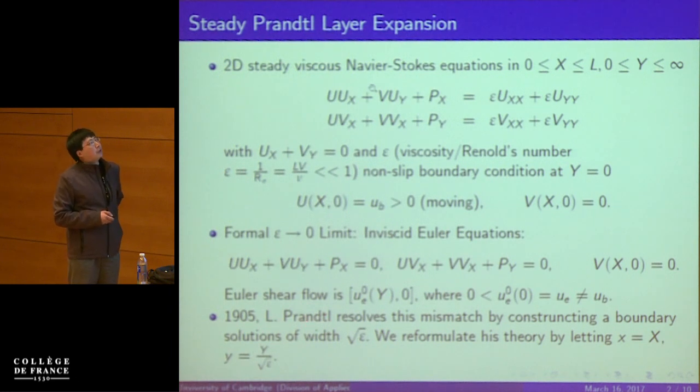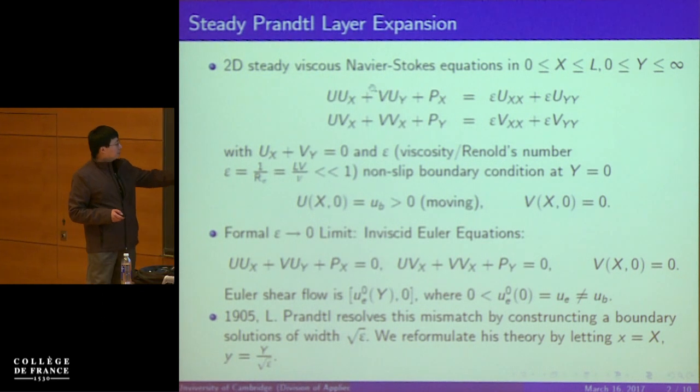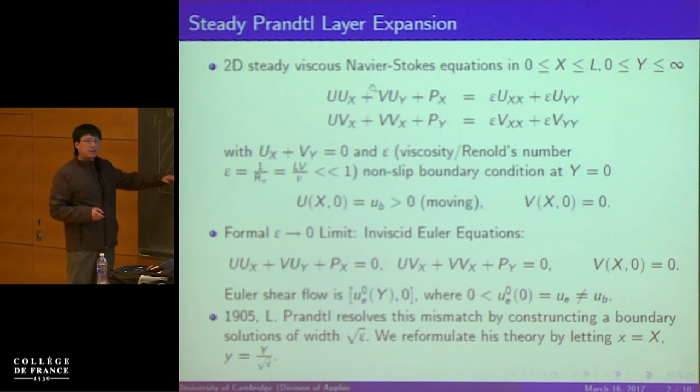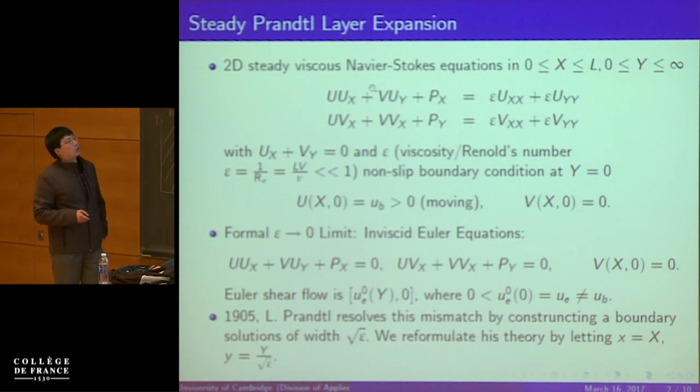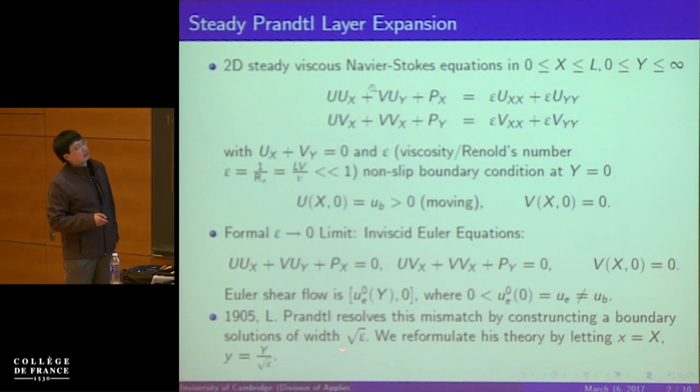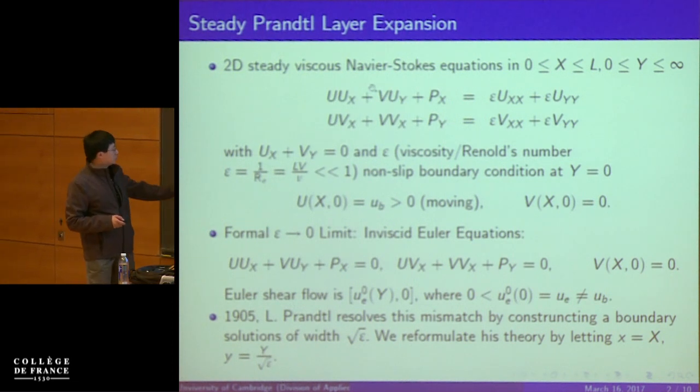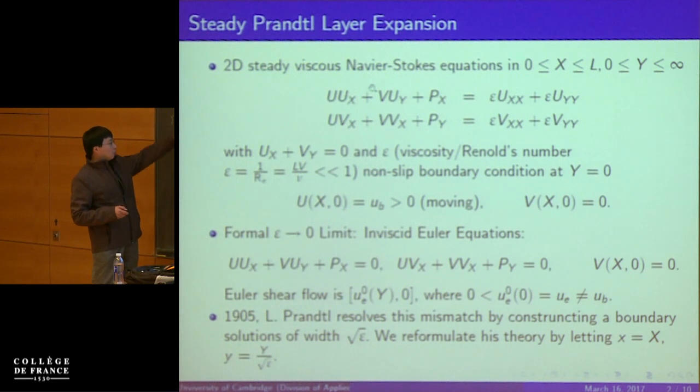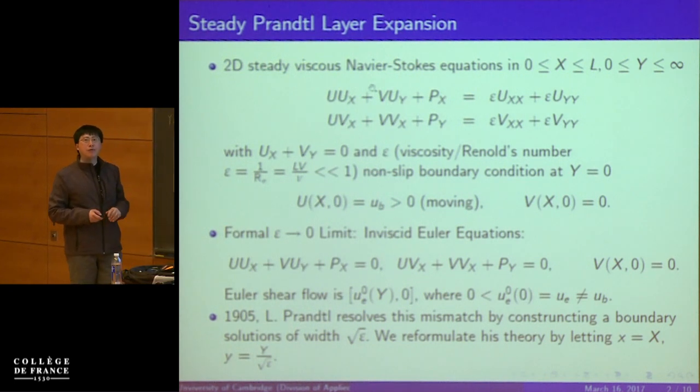So his idea is that there will be a very sharp transition, of the order of the square root of the viscosity. Something drastic happens. When you are more or less inside, you approach the Euler flow.